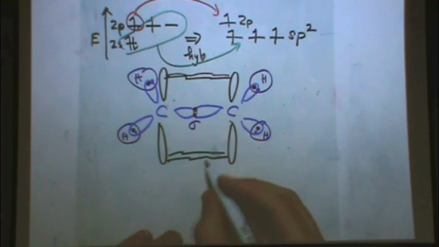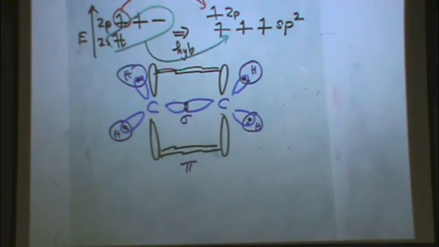That's a pi bond. And there's your double bond. So that leftover p orbital actually helps to form the pi bond, causing now a double bond. Sigma bonds are much stronger than pi bonds, and so that's why a double bond is not twice as strong as a single bond.